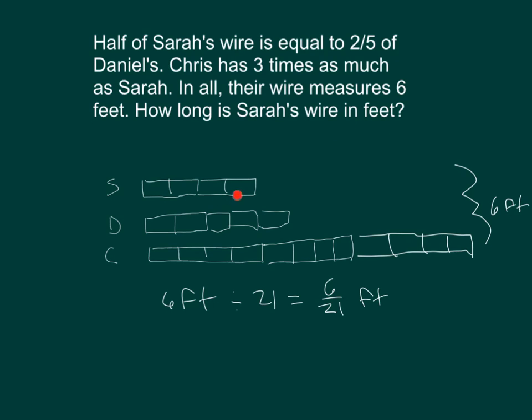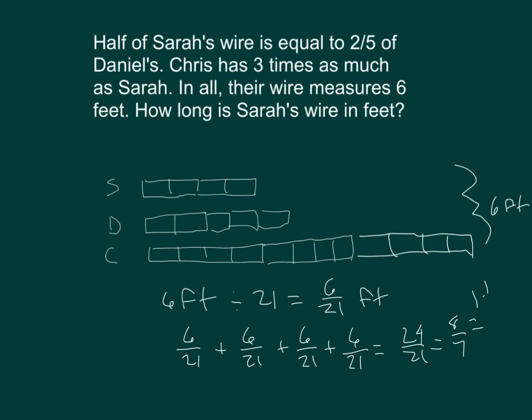That means I take 4 of those 6/21, add them together. That'd be 24/21, which also equals 8/7 feet long, or 1 1/7 feet long.